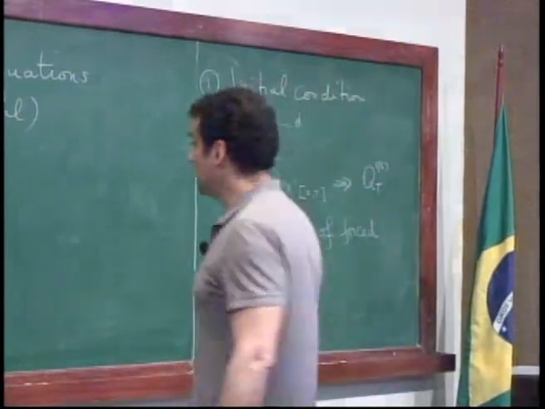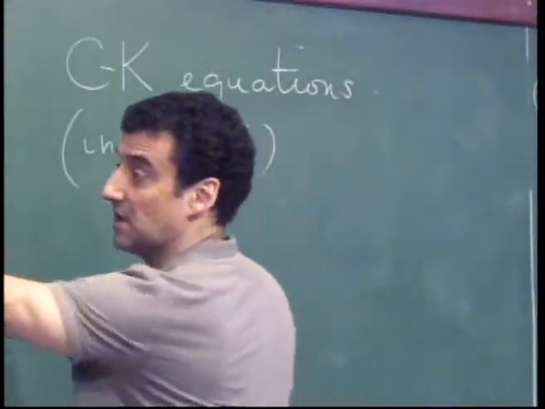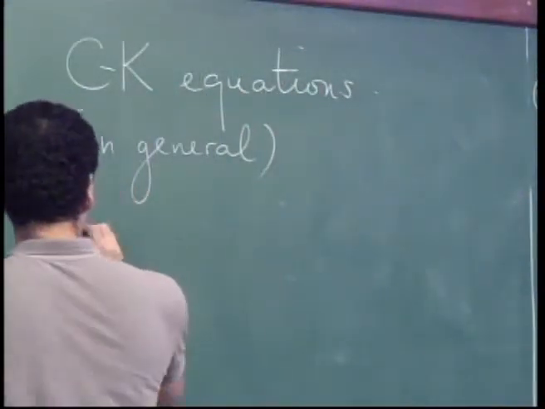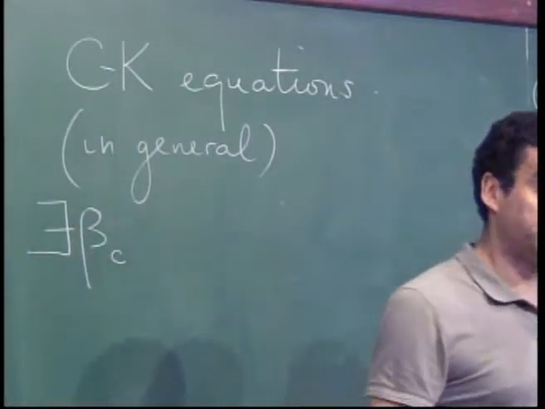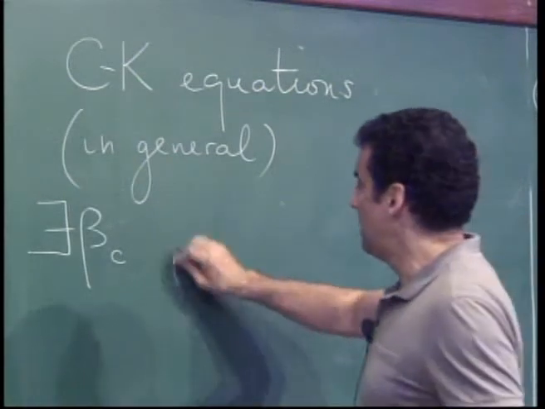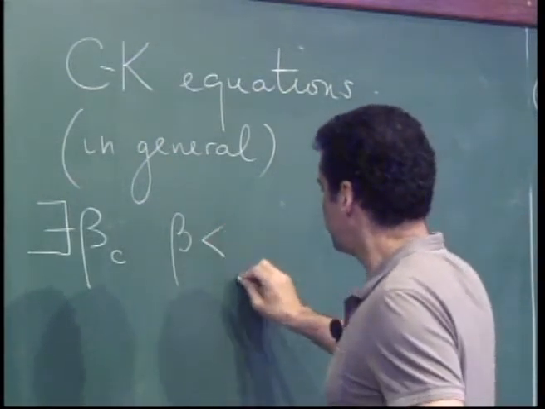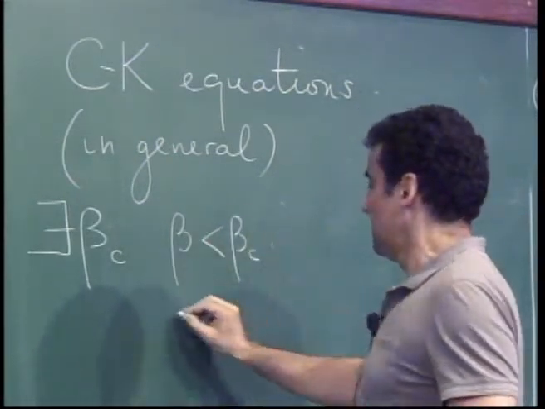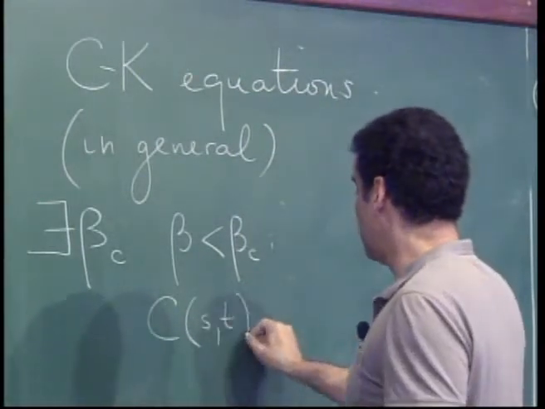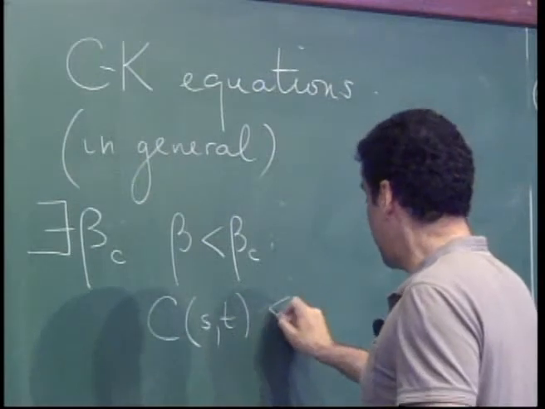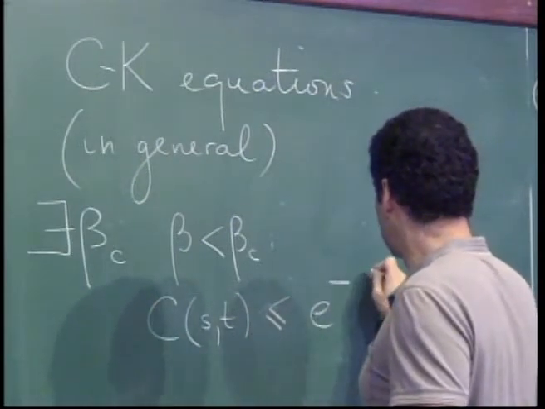So what you expect is at least something of the same nature as what I wrote there. You should have a critical temperature, which is a dynamical temperature, above which this C, the overlap, which is one of the two terms of the equation, should also decay exponentially.